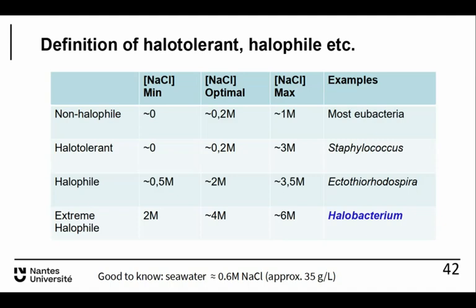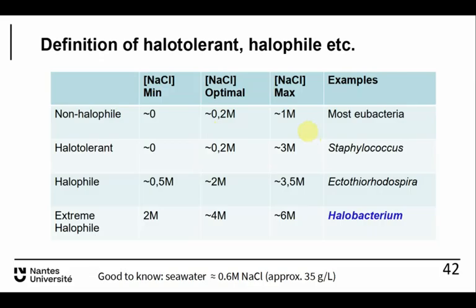So bacteria, their preferred growth concentration of sodium chloride will be about 0.2 molar. A little bit, just a bit higher than isotonic. And most bacteria can carry on growing up to about 1 molar salt concentration in the medium outside, which is not the case for us.